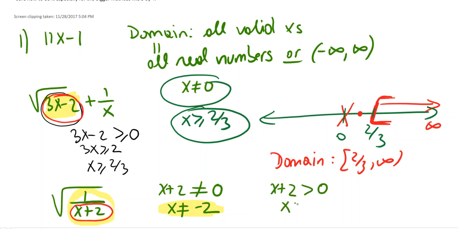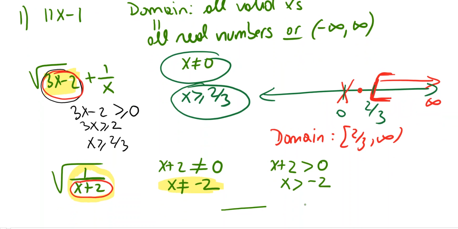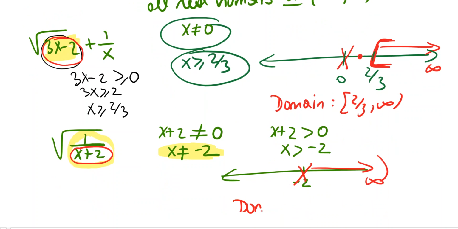So x has to be greater than negative 2. So then if you look at these, negative 2 is here, so x cannot equal negative 2, and it has to be greater than negative 2. So it's basically this side of it. So the domain is negative 2 to infinity.